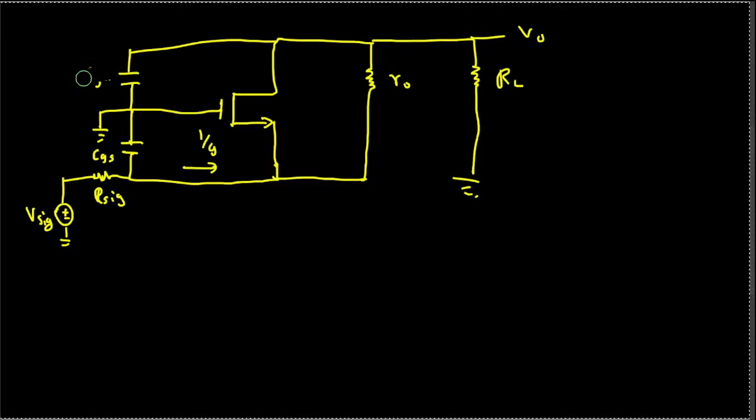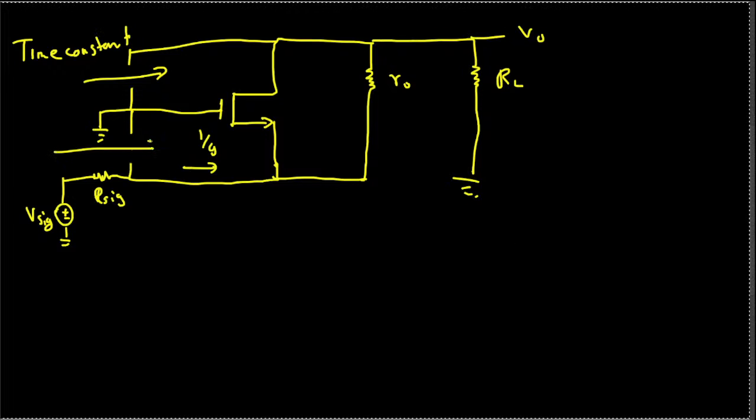We have to just open CGD and CGS, and here we will have the time constant. Okay, so this is the equivalent model.